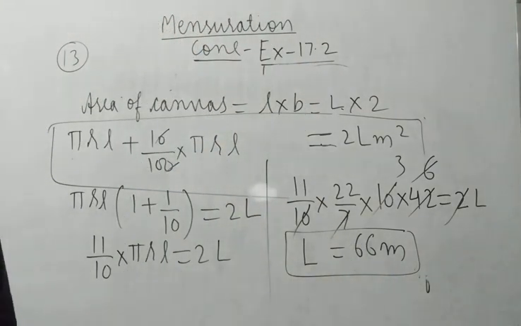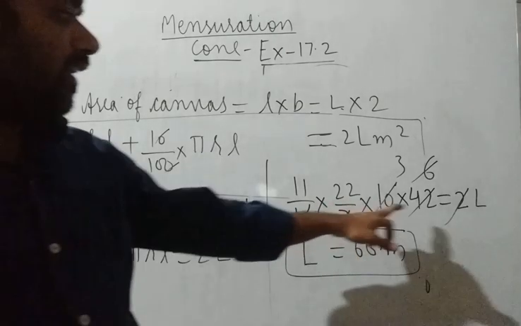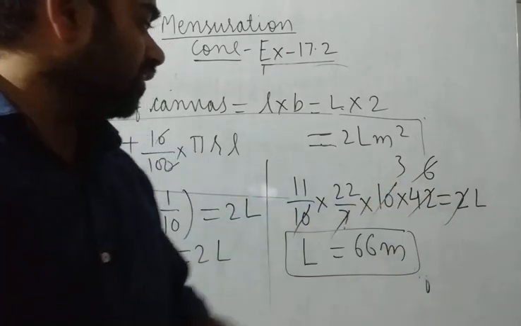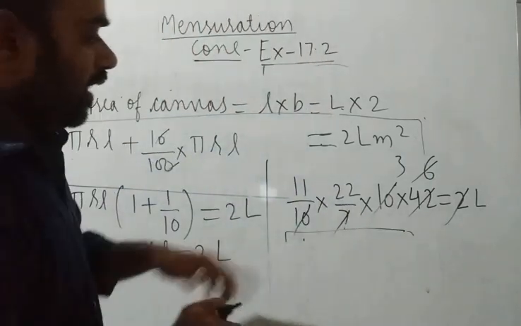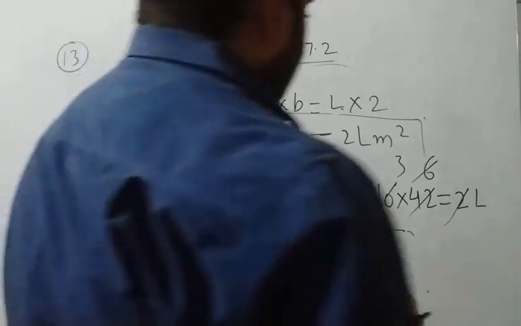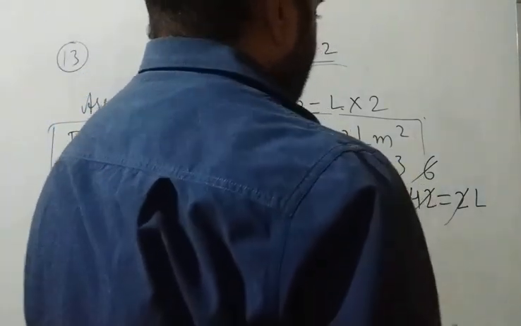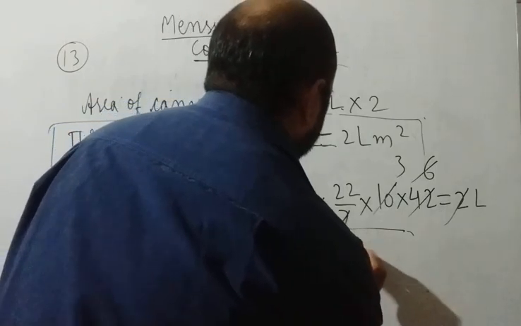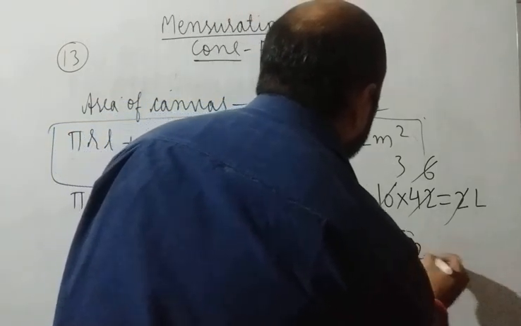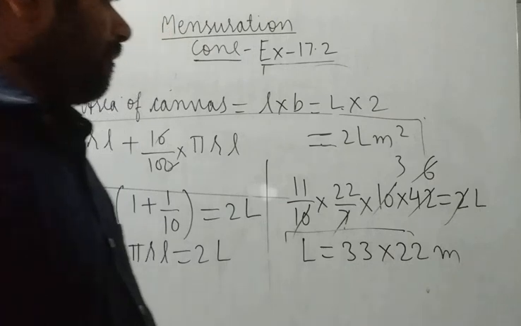Correct now, or something is left? First say it properly. 10, 10 cancelled. 7 into 6, 2 into 3. No, no. One thing is left. Which one? 11 is also left, na? So 11 into 22 into 3, that is 33 into 22. Capital L will be 33 into 22 meter.